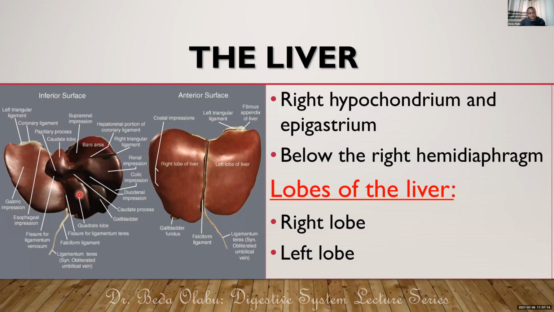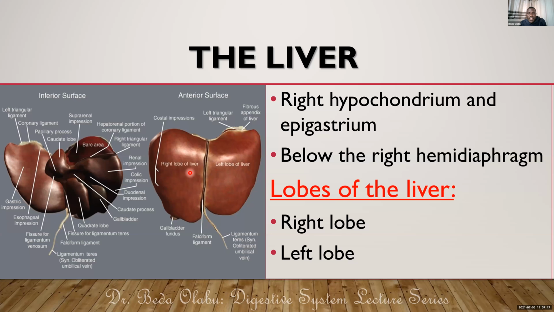This anatomy is better appreciated practically, and so there's a lot on this lobar anatomy of the liver that I'll not talk about today, but when we come for the practical, we will then appreciate it at greater length. At that time, we'll tell you that we have right and left anatomical lobes, and with that classification, the caudate and the quadrate lobes are on the right lobe.